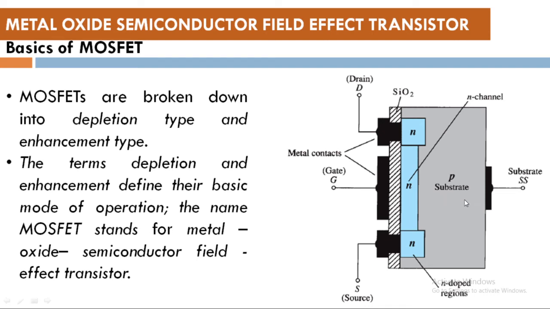So a P substrate will be there, above which we will construct an N channel. This section, which is a rectangular section, is called the channel, and there are two sections which look like wells, which are the drain and the source.